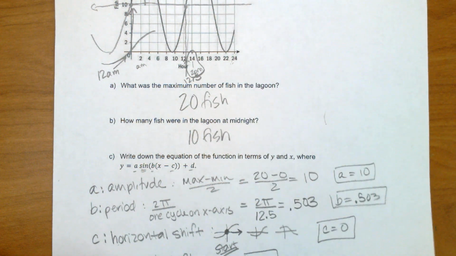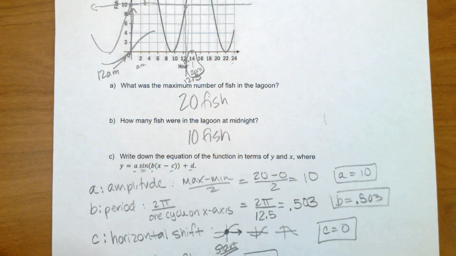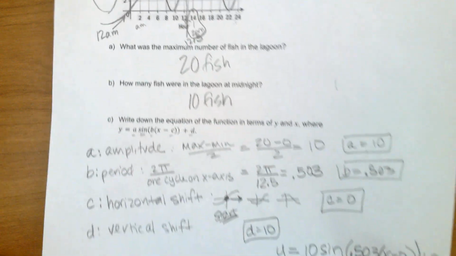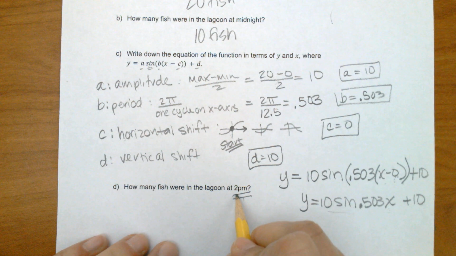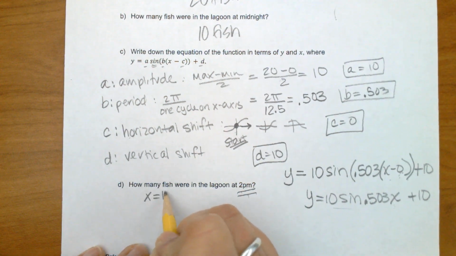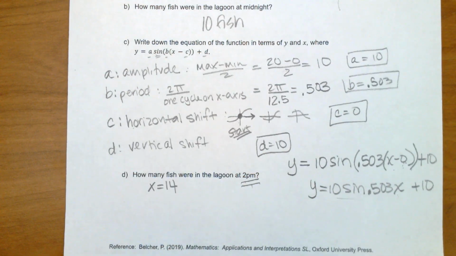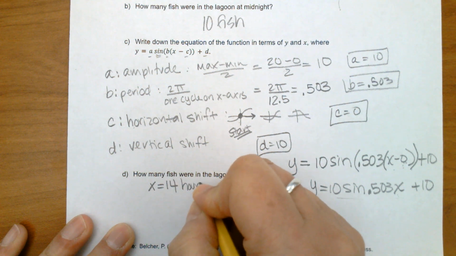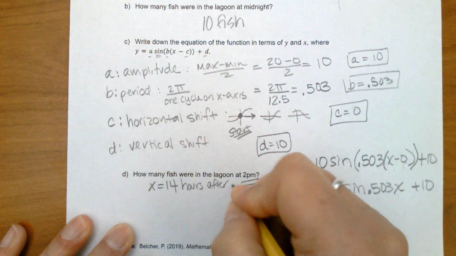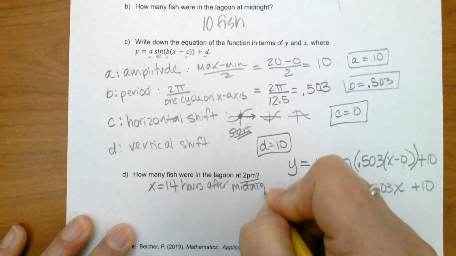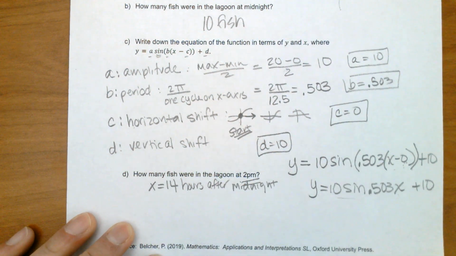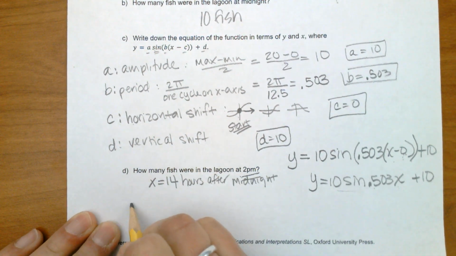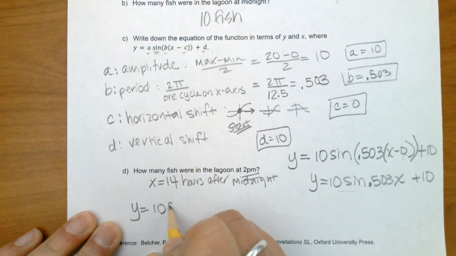Right here. So we're going to use our equation. We are going to substitute a number in, but it's not going to be 2 p.m. Our x is actually going to be 14, because that's the number of hours after midnight. So let's use our equation. I'm going to use the simplified one, so much easier in the calculator.